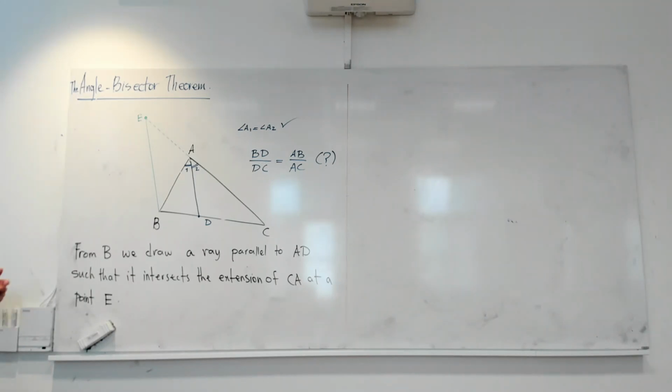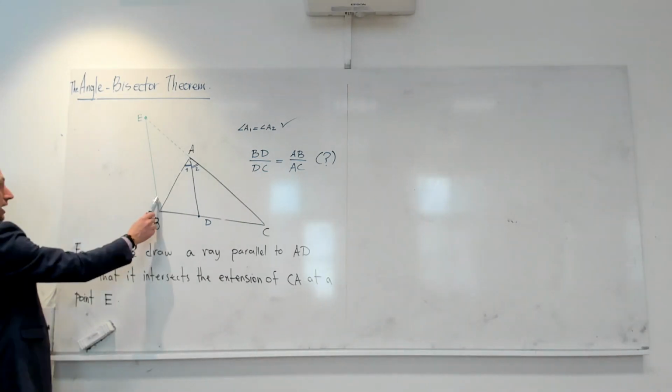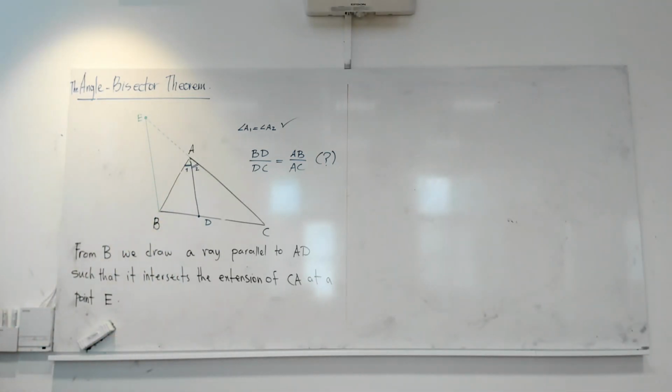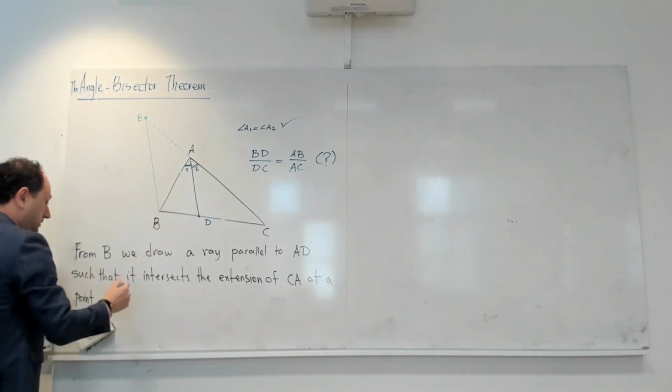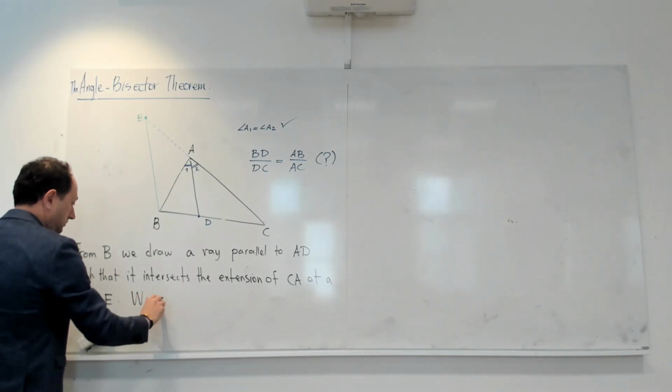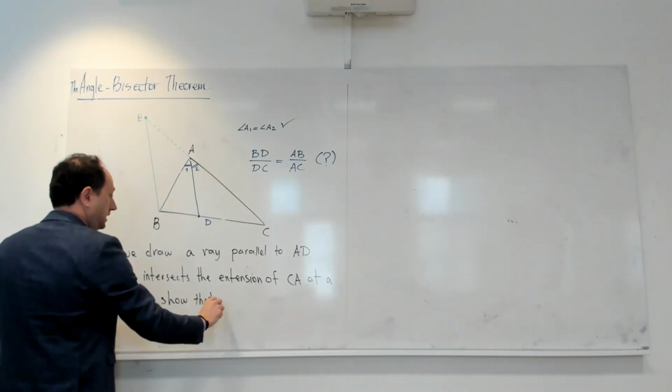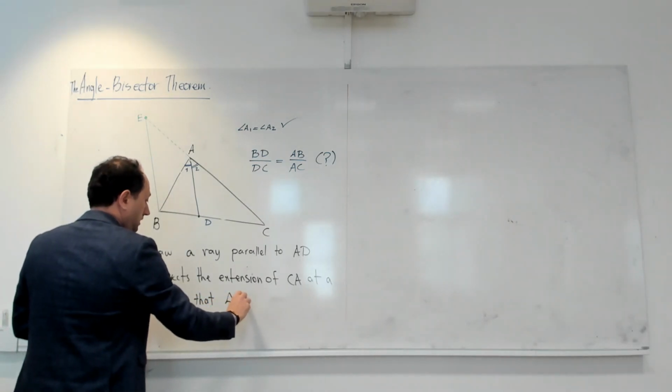Okay, so I want you to help me to see why this is true. My first claim is that this triangle that I make up here is an isosceles triangle. But why is that? So the claim is, we show that the triangle ABE is isosceles.